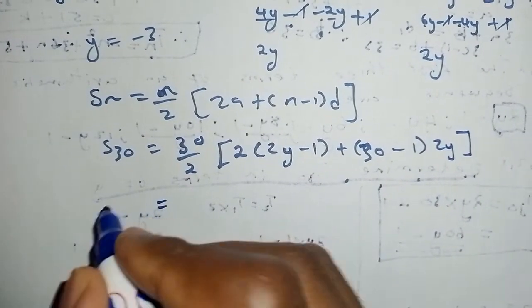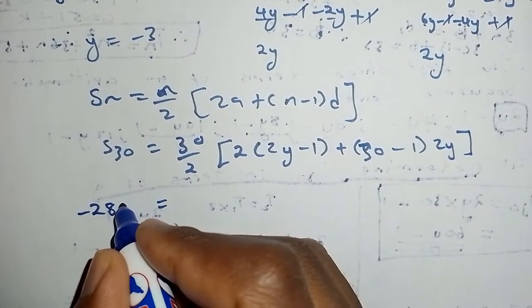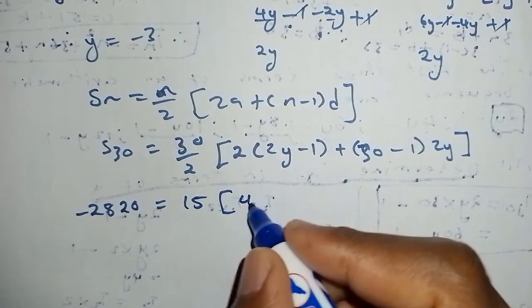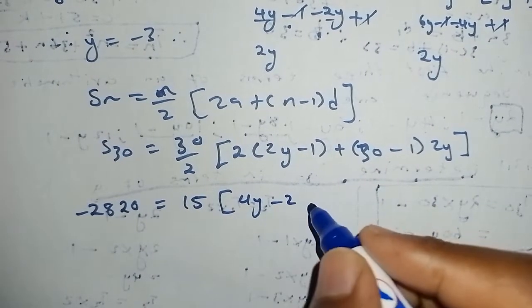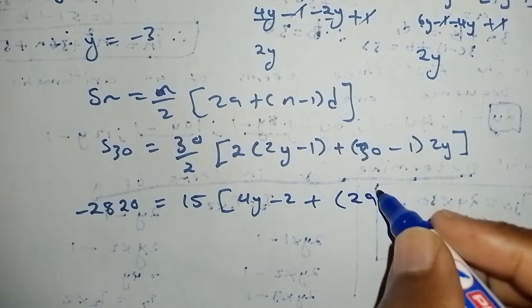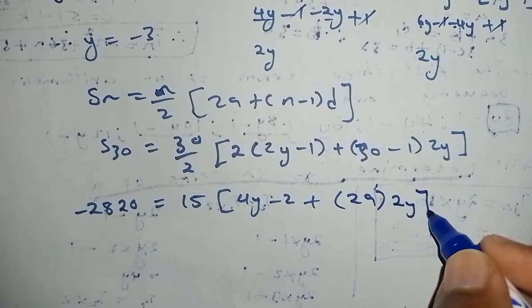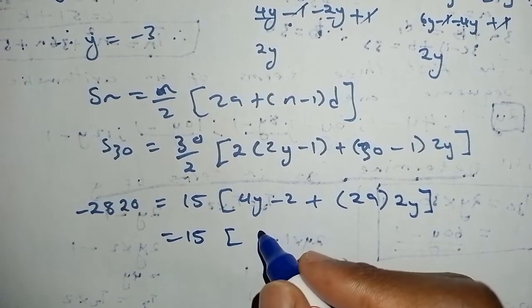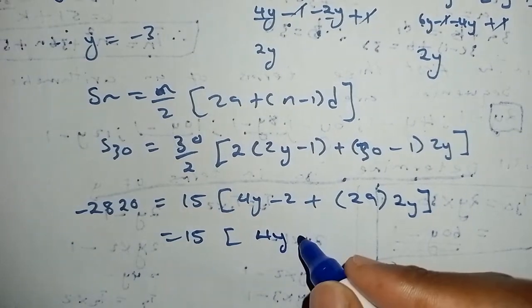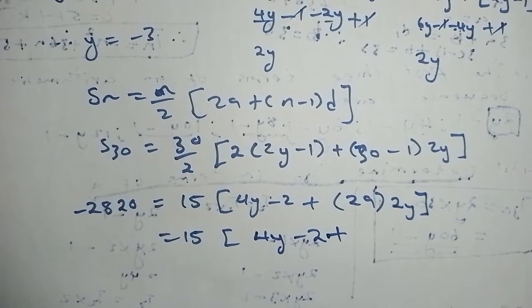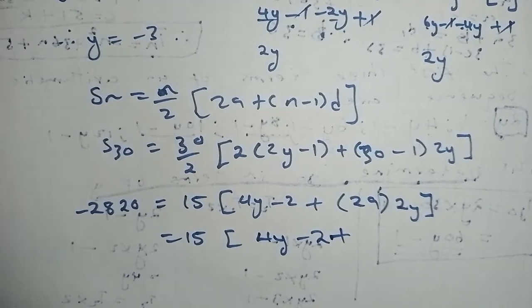Then I'll have 15 into, this is 4y minus 2 plus 29 times 2y, right? This will give me 15 into 4y minus 2 plus, what is 29 multiplied by 2?